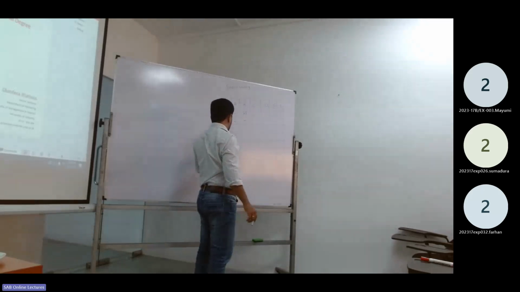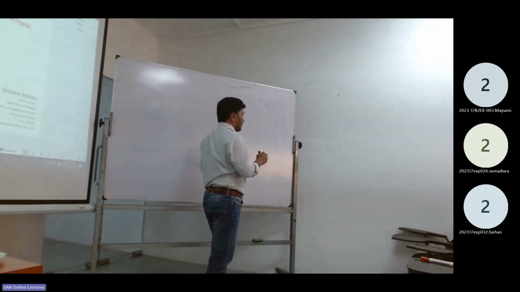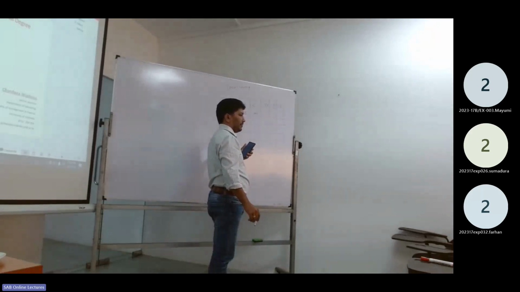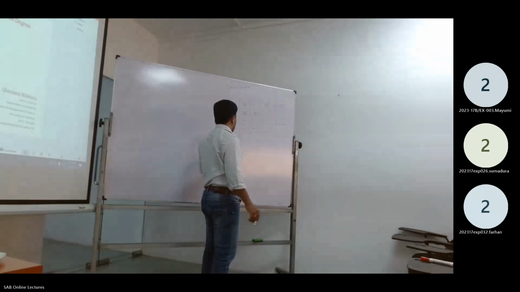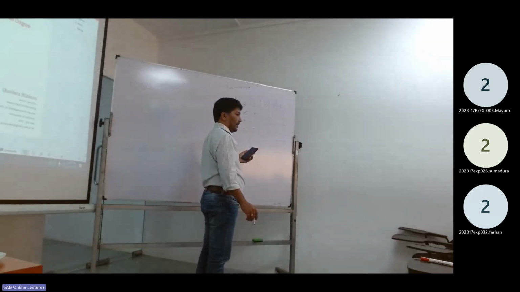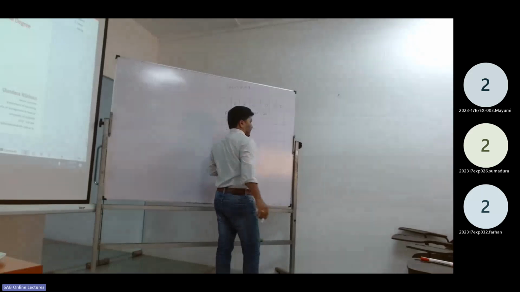Then how about A to C and C to A? A to C 20, C to A 0. Add together 20 plus 0, 20. So you remove it from here. How about AD 0, DA 30. So that AD when taken two ways, 30 plus 0, 30.